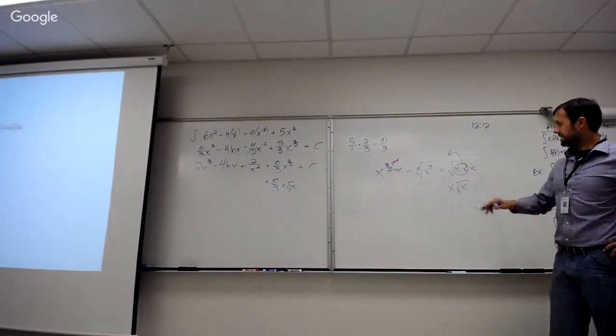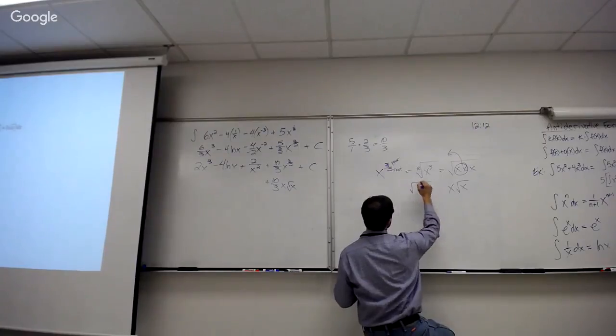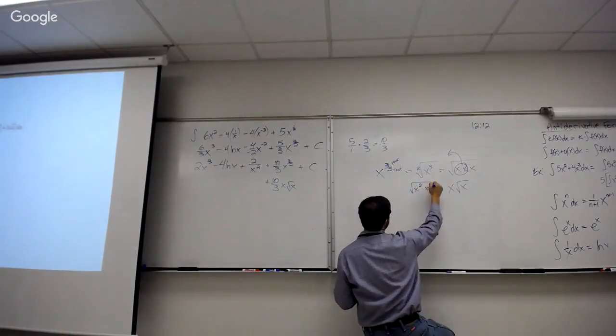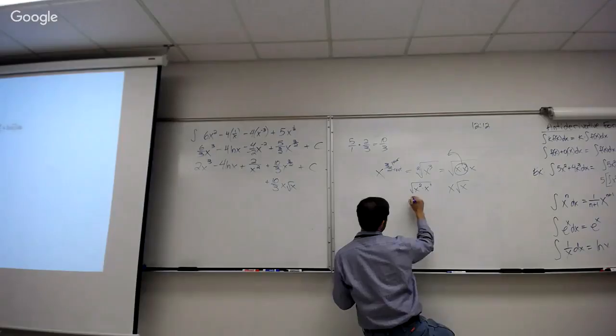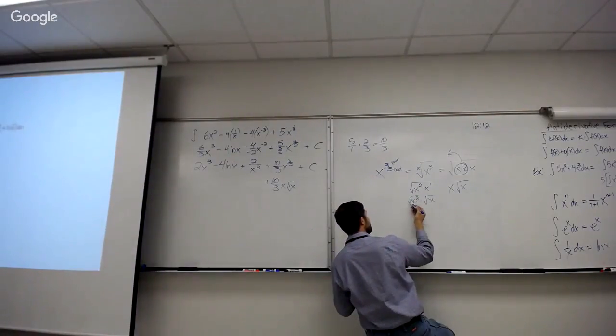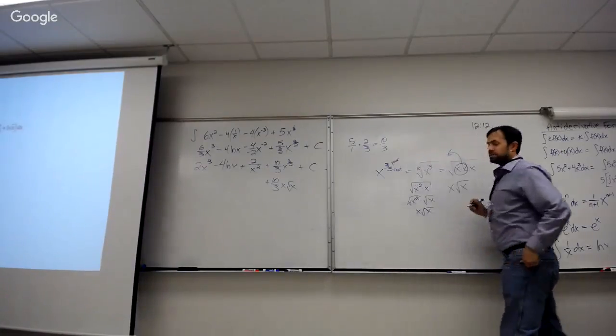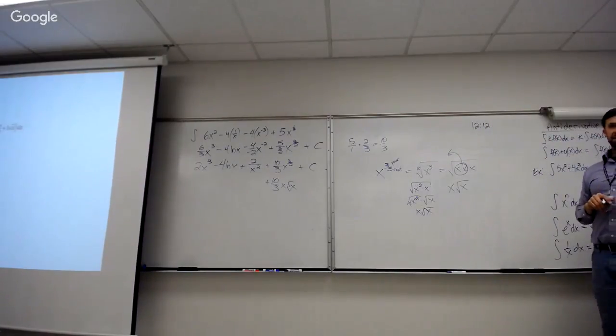The other way is you could chunk that up. Instead of the square root of x cubed, you can have the square root of x squared times x to the first, which then separates into the root of x squared times the root of x. And what's the square root of x squared? Just x. So that's a variety of different ways that you can simplify that.